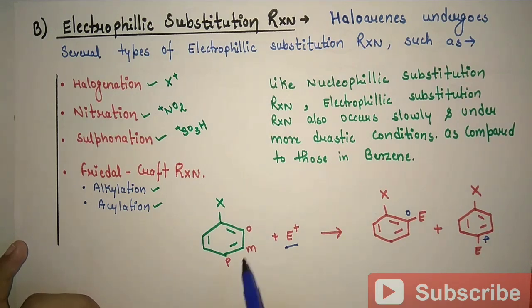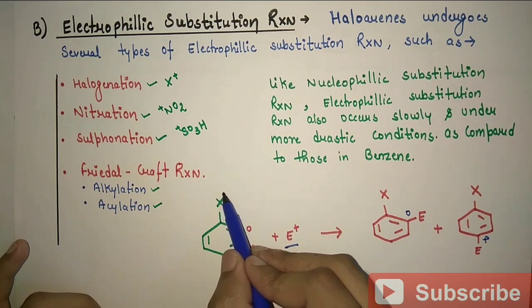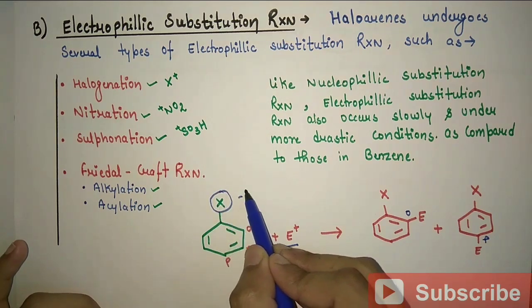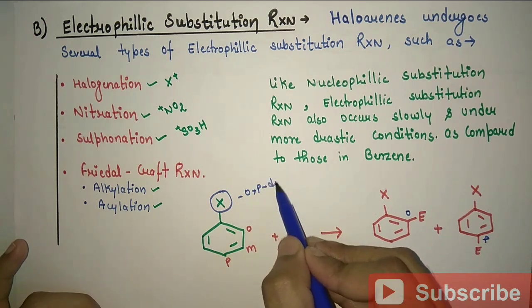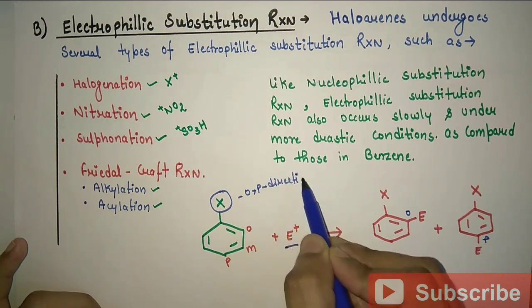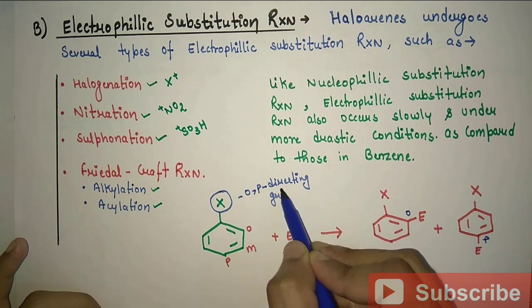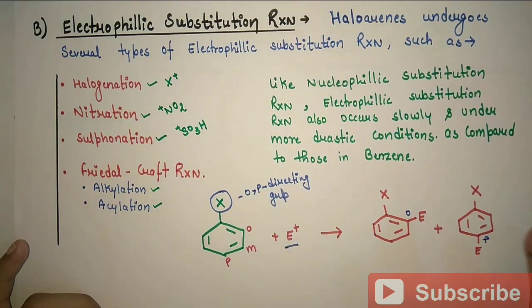It never comes at meta position, because this group is an ortho and para directing group. I will tell you about the ortho and para directing groups in another video. So the electrophile only comes at ortho and para position.